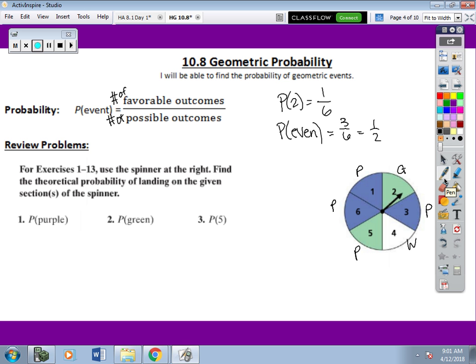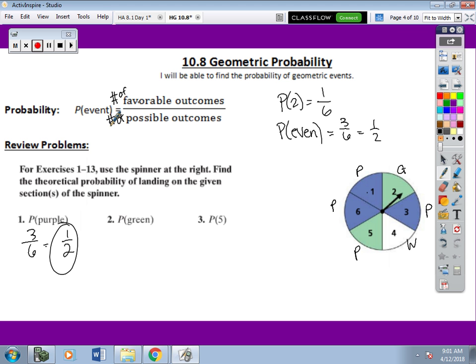So what is the probability that we would land in a purple region? How many purple regions are there? 3. How many total regions are there? 6. So 3 out of 6, which is 1/2. So again, it's the number of outcomes you want in the numerator out of the number of total possible in the denominator.